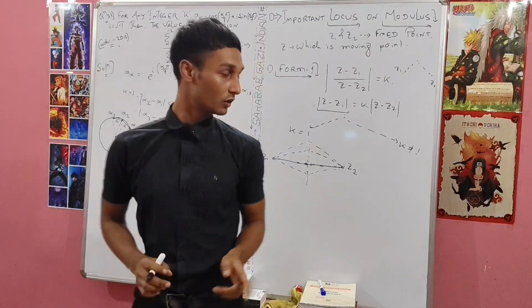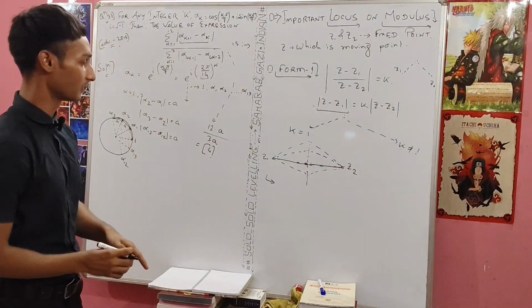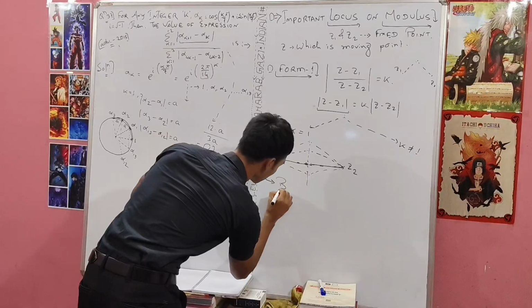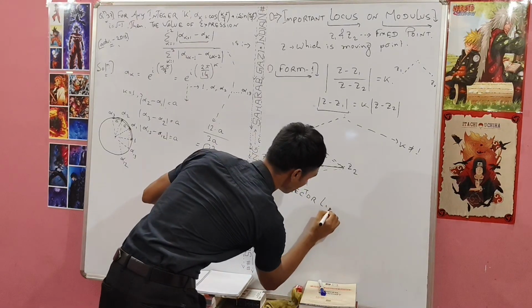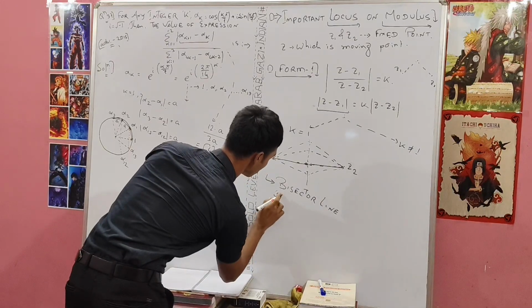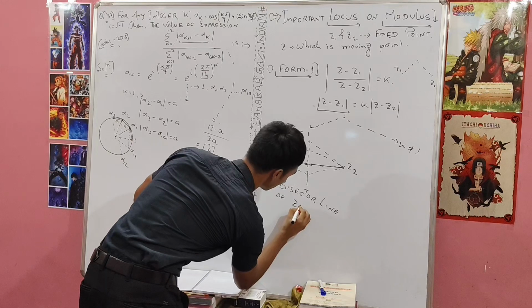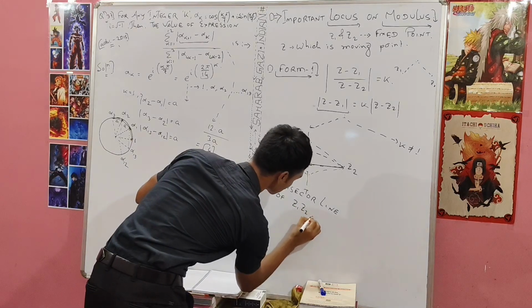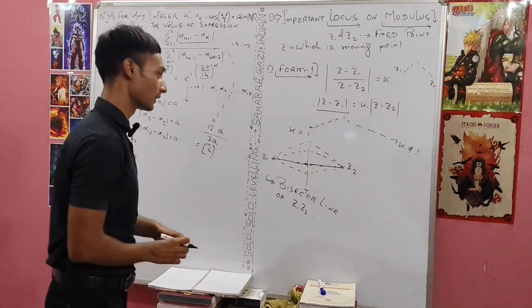So here the locus of z is the bisector line of z1 and z2.